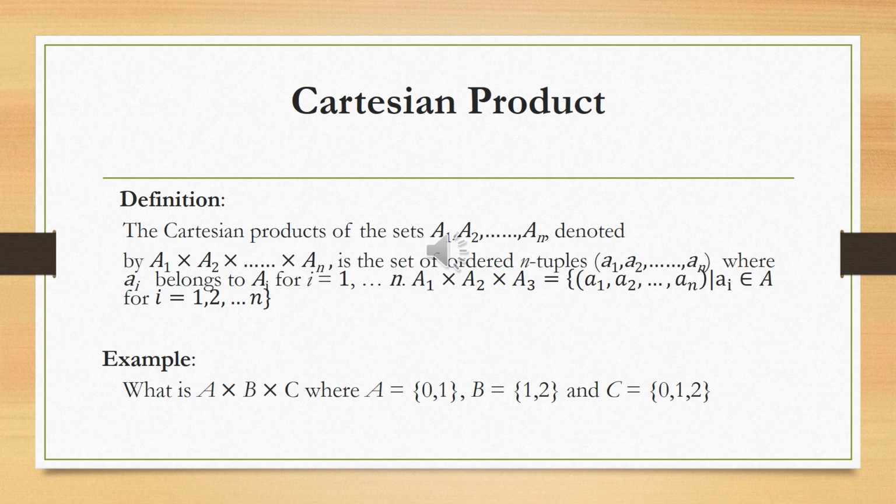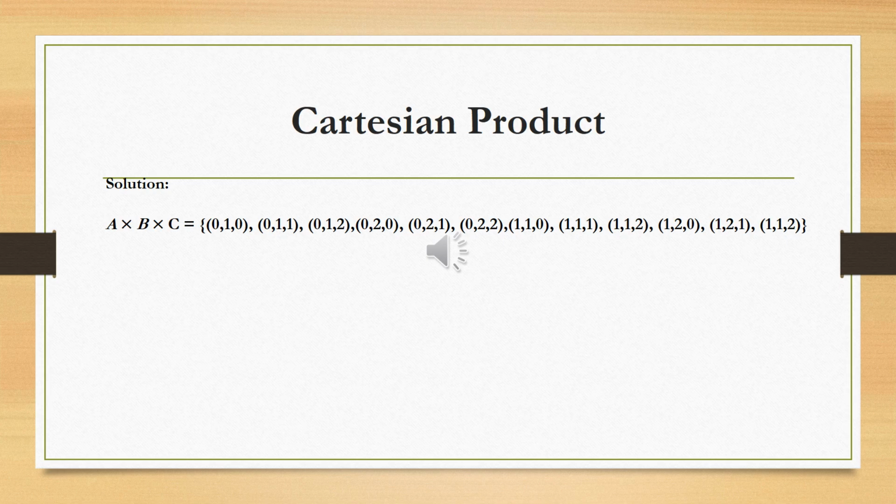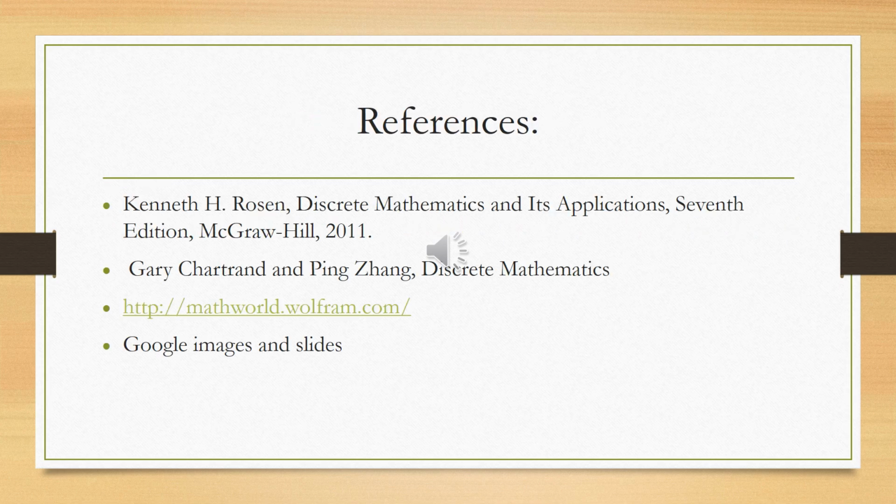If you want to find the Cartesian product of these, A cross B cross C would be as follows. As you can see in front of you, the element of A would always be in the x-axis, the element of B would be in the y-axis, and the element of C would be in the z-axis. So here are the references we use to make this representation.